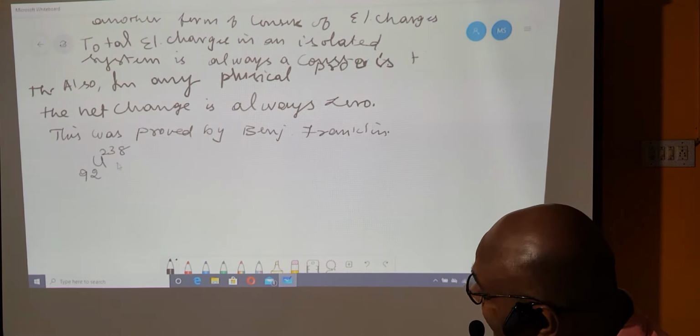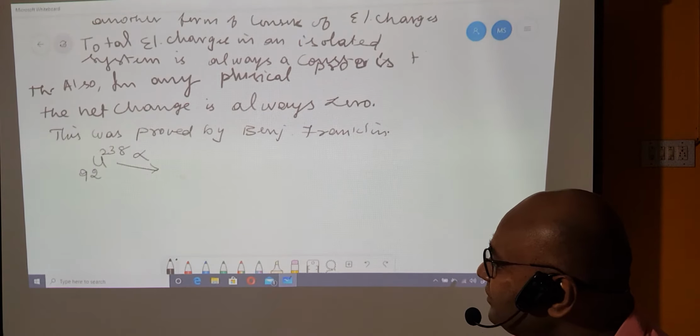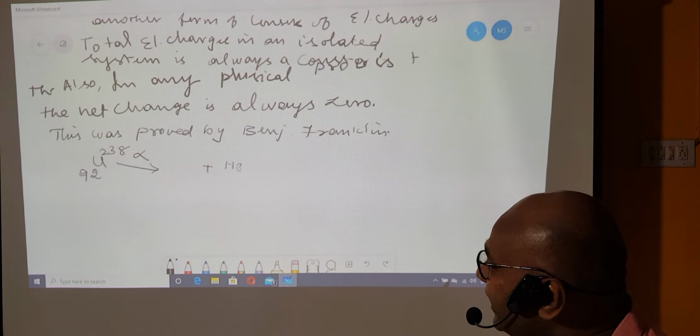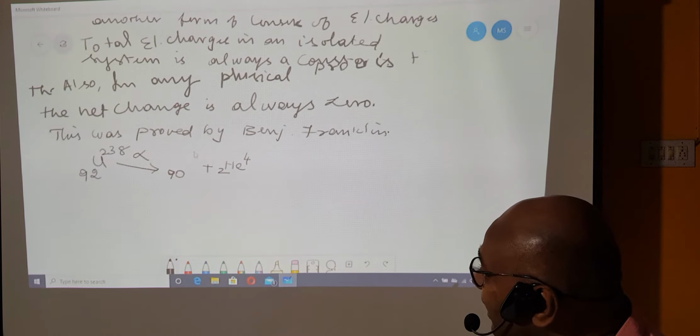It is a radioactive substance, so if it emits an alpha particle, which is nothing but a helium ion or helium nucleus, a new particle will be formed. That new particle will have atomic number 90 and mass number 234.